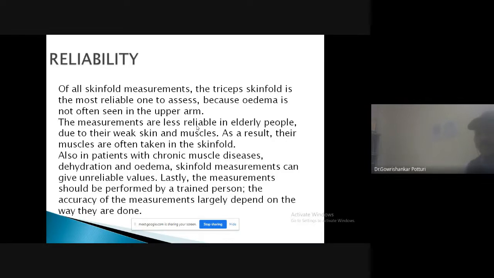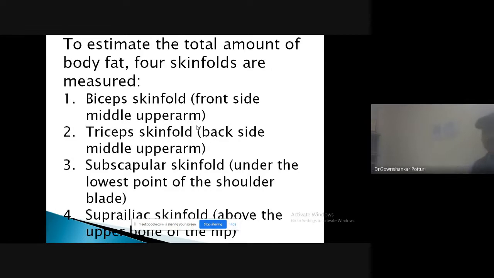The accuracy of measurement largely depends on the way they are doing it. Suppose we have said bicep skin fold on the front side of the middle upper arm. You should know the anatomical landmarks exactly, go for the midpoint of the upper arm, and then take the fold. If you don't have knowledge of anatomical landmarks, a quack cannot measure the skin folds and can give a wrong direction.